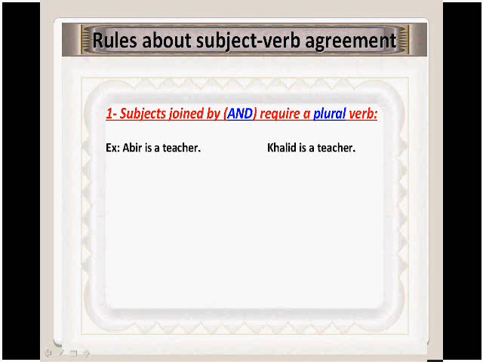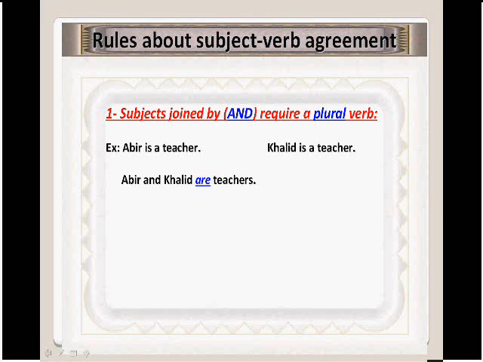If I put them together, as in this example, if I say Abir and Khalid, then I'm going to talk about Abir and Khalid, I put them together. So I changed the one person into two now. So it will be Abir and Khalid, then look at the verb, should be are teachers. So now I'm not talking about one person as I was doing in the first sentence, but now I'm talking about the two people, Abir and Khalid.